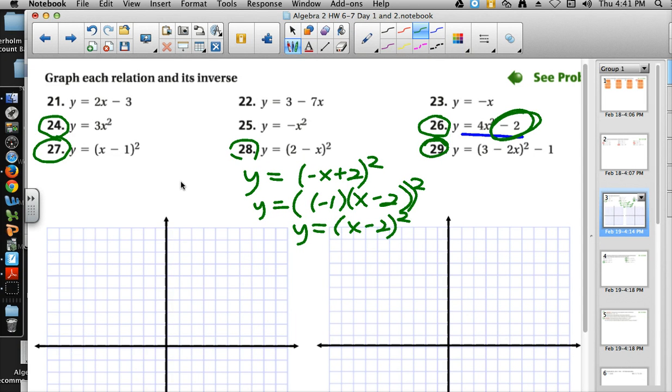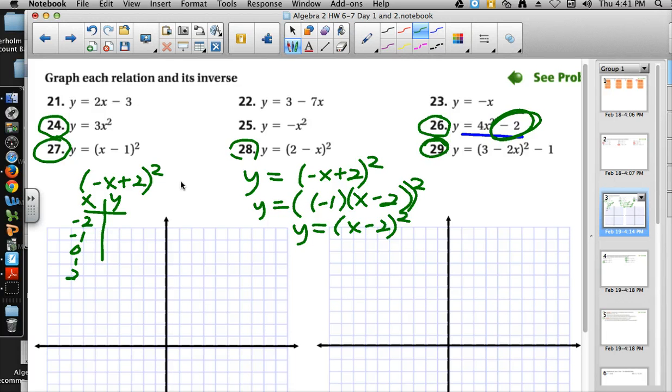So would that give me the exact same thing as (x minus 2) squared? Well, you could go ahead and put some numbers in and see. If we try (negative x plus 2) squared, is that going to give us the same thing as (x minus 2) squared? So let's try negative 2, negative 1, 0, 1, and 2.